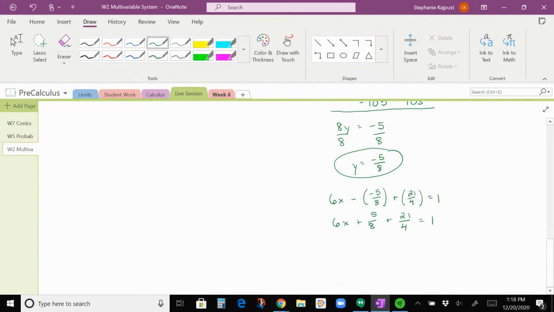So again, so we don't really have to worry with fractions, we can multiply by the common denominator here. The common denominator would be 8. So we could just multiply both sides by 8, and that will eliminate fractions for us.